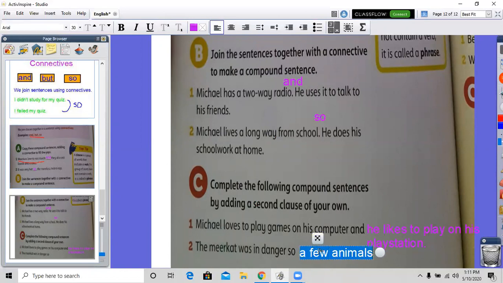The lifesaver came and rescued it. So this hero came and rescued the meerkat. Why? Because it was in danger.